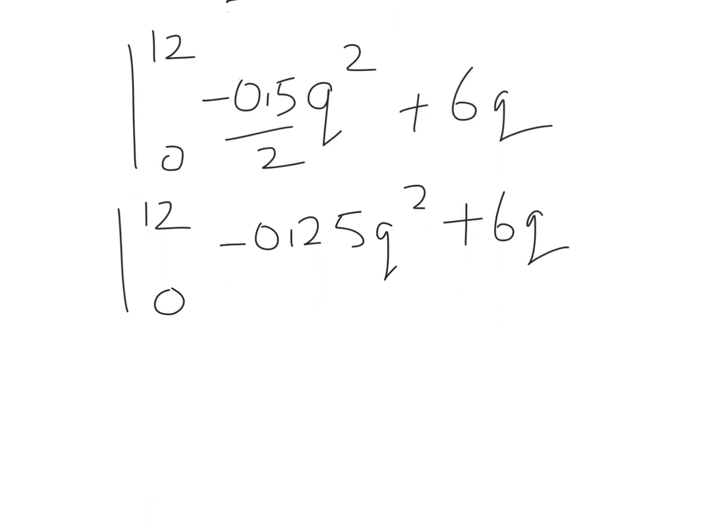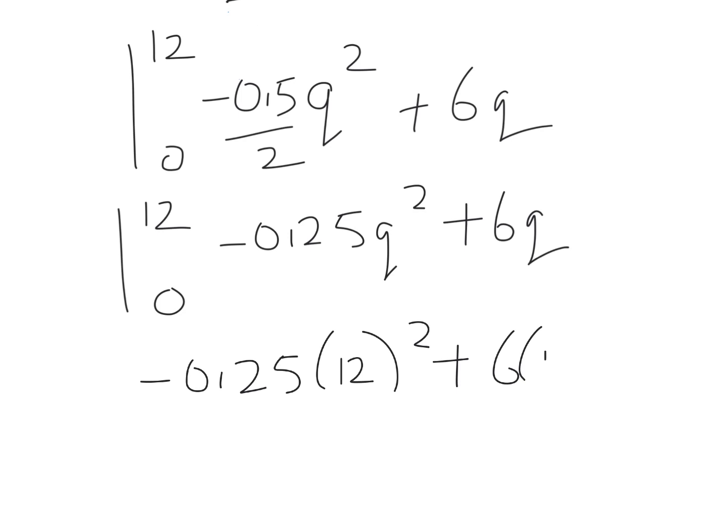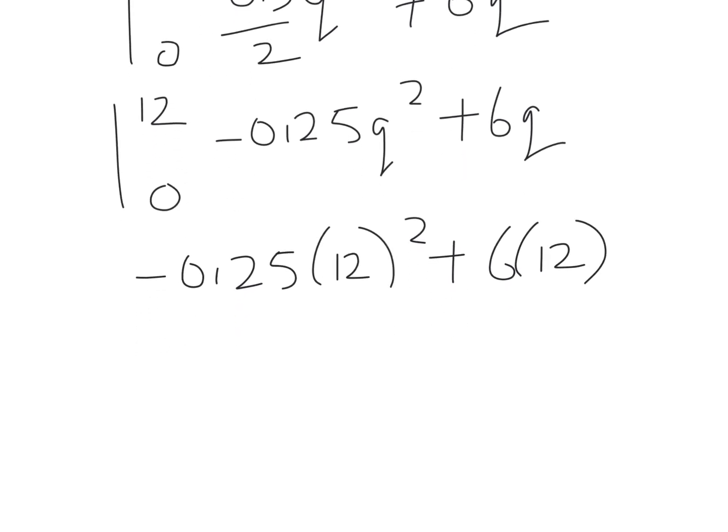Yeah? And now this is the producer surplus, what they gain from selling something at a higher price than they anticipated. $36? Yeah, $36.